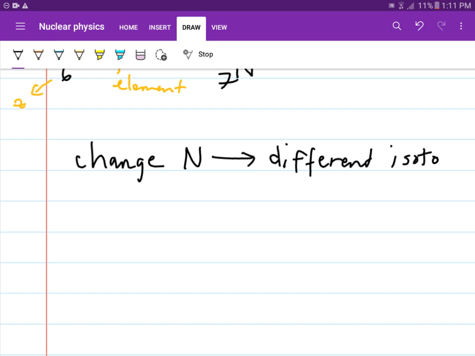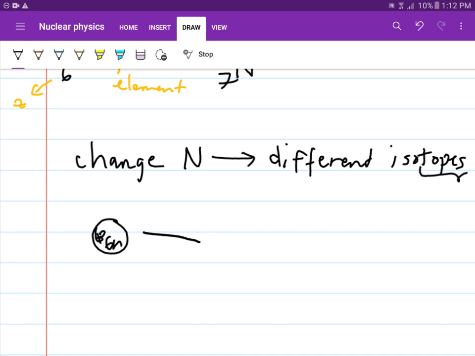So what are isotopes? From the word itself, iso meaning one, tope is from topology. For example, you have a carbon atom having 6 protons and 6 neutrons in its nucleus, and we don't really care much about the electrons since we are talking about the nucleus in nuclear physics.